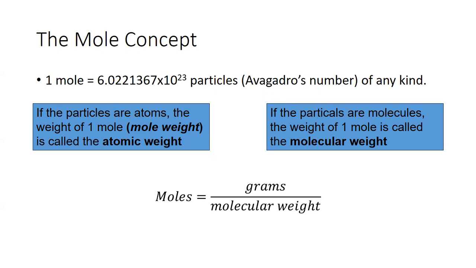Or if the particles are molecules, the weight of 1 mole is called the molecular weight, which is also in grams per mole. And to calculate moles, you have grams over the molecular weight of the atom or molecule.